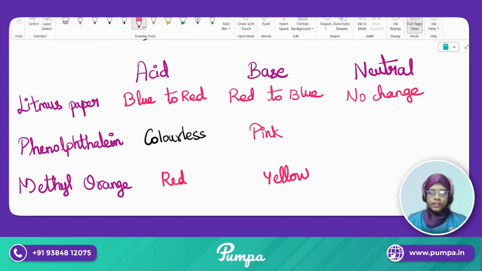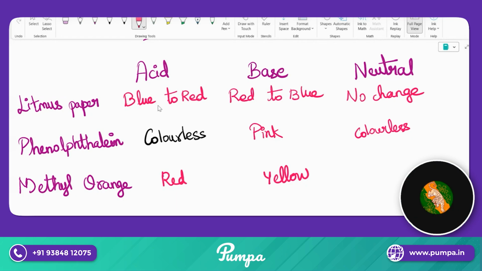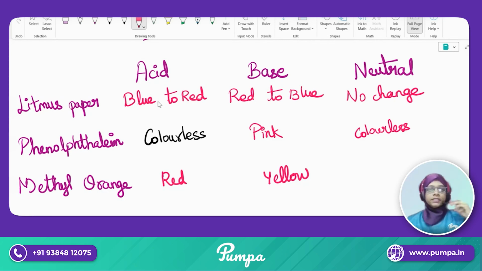Any idea about neutral solution, how the phenolphthalein is? It is colorless again. Phenolphthalein is colorless in neutral solution. And methyl orange, it remains orange, or slightly light color, yellowish.